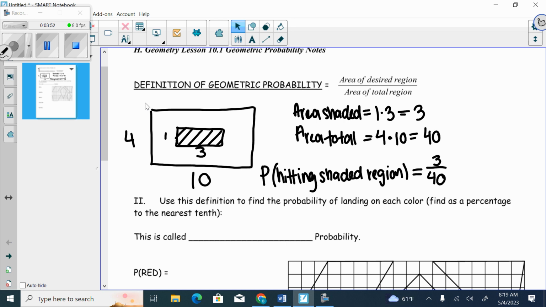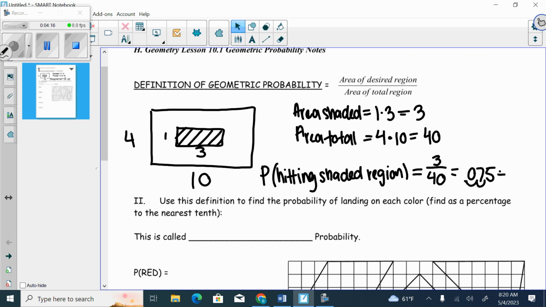So I've got my 3 divided by 40. 3 divided by 40 should be 0.075, right? Okay, so if I move my decimal 2 places, that puts it right here, right?